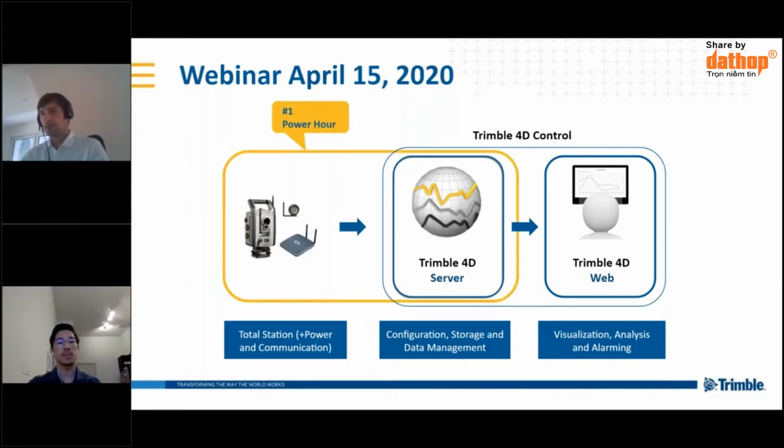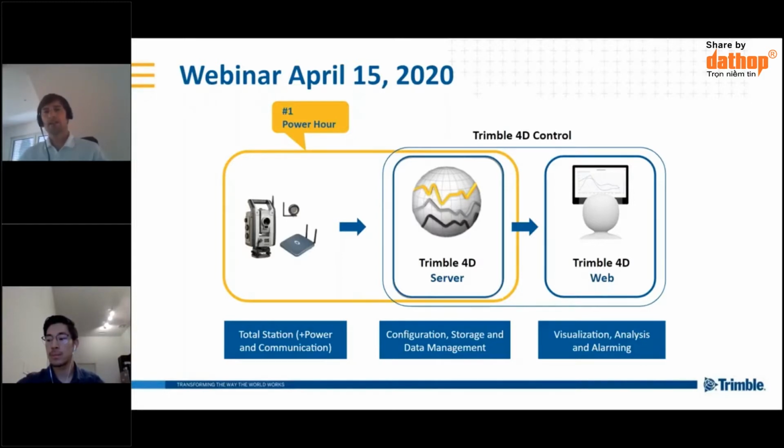During the last webinar, Eric and I explained and demonstrated how you can connect a total station to T4D. And for that purpose, we recommended using the setup M1. The setup M1 is this gray device next to the total station on this slide. The M1 is designed to work with Trimble 4D Control. It controls and manages the total station, and thus it ensures an uninterrupted and continuous data flow.